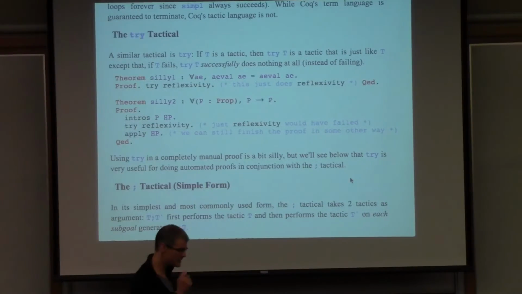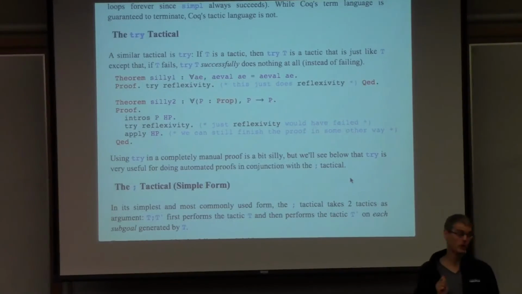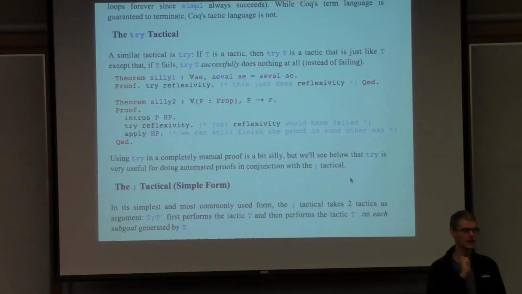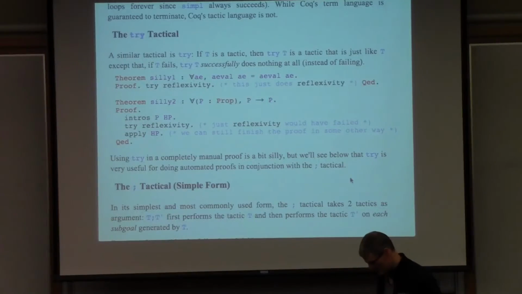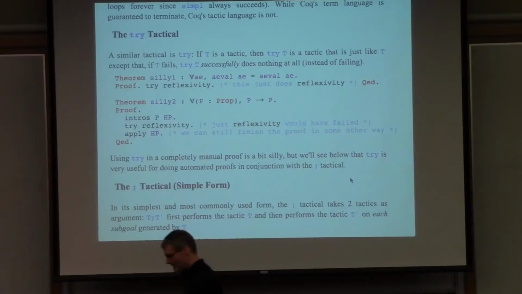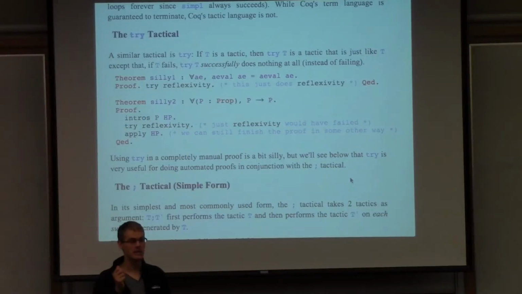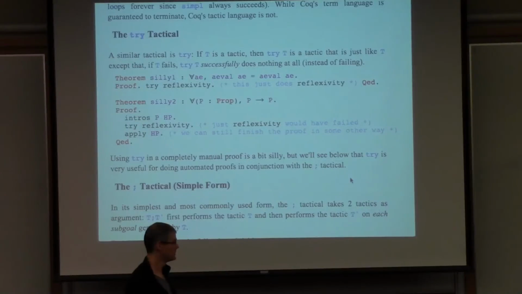If you have a tactic that you think might work, but you're not sure, and you just write the tactic and put a period after it, it may fail, and that will cause your interpretation of your proof script to stop at that point. If instead you want to try it, and if it doesn't work, just do nothing and go on to the next thing, then you can wrap it in a try, and it will have that effect.